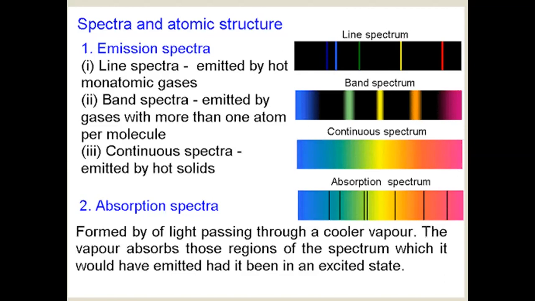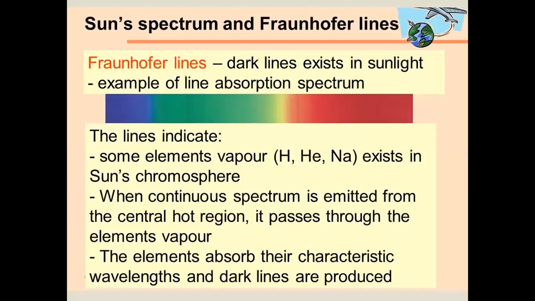And the next very important topic is the spectrum from the sun, or you call that Fraunhofer lines. When the spectrum obtained from sunlight is examined, it consists of a large number of dark lines. That is, it is an absorption spectrum. It is a line absorption spectrum. These dark lines in the solar spectrum are known as Fraunhofer lines.